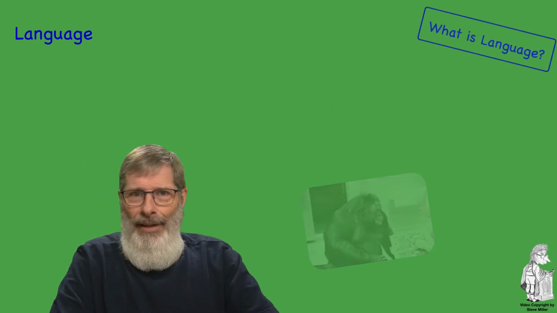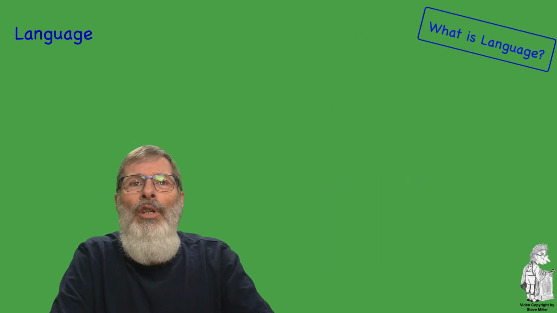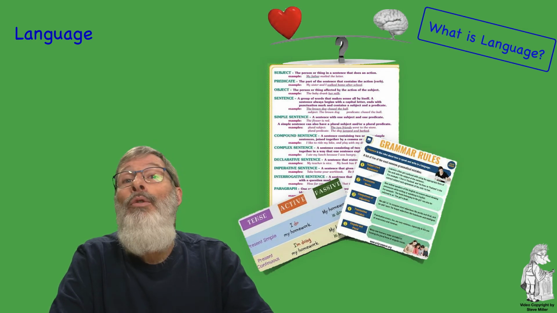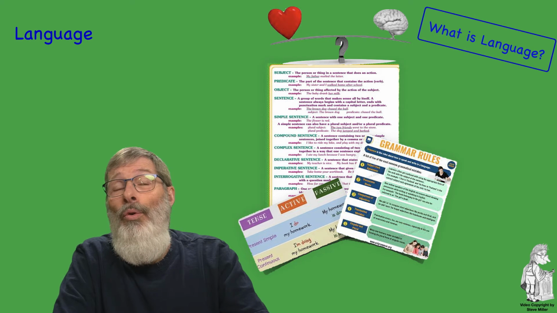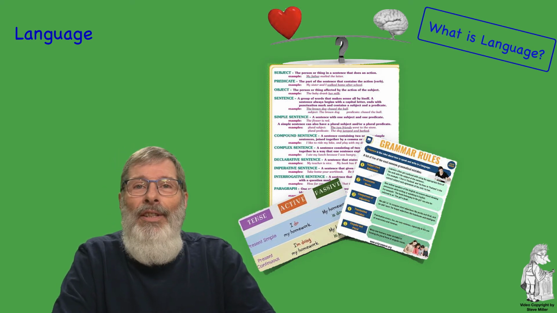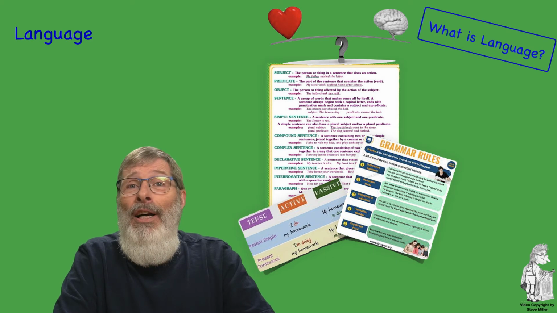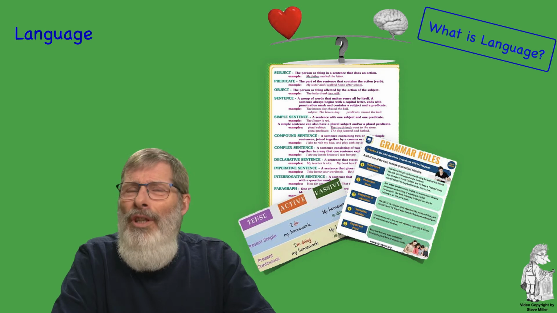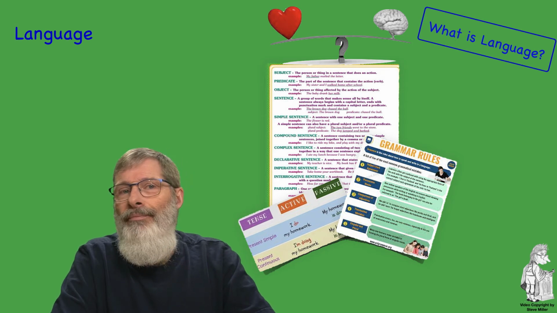So, what is language? Language is the communication of thoughts and feelings by means of symbols that are arranged according to rules of grammar. Language is one of the human assets that have enabled us to survive and prosper. Rigorous definitions suggest only humans use language.